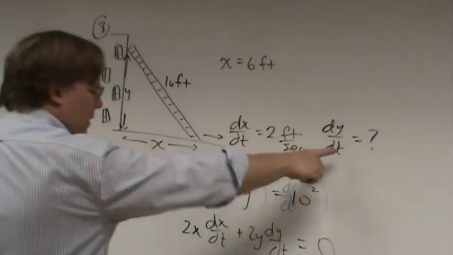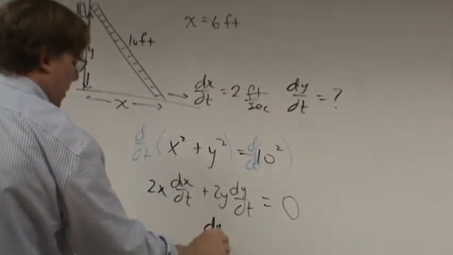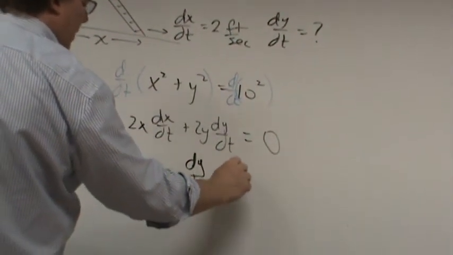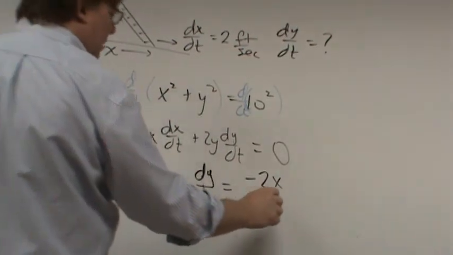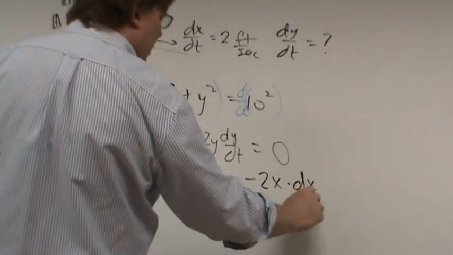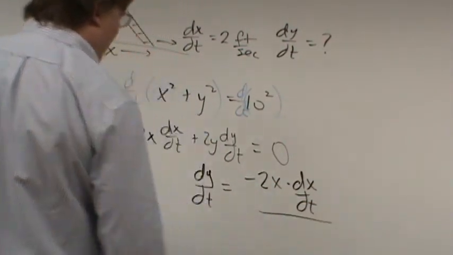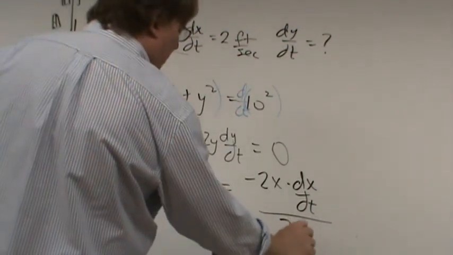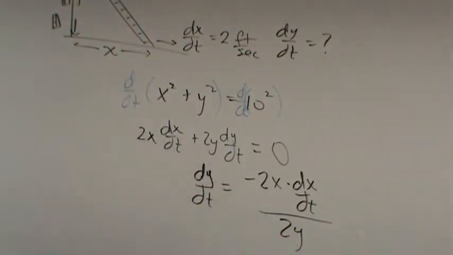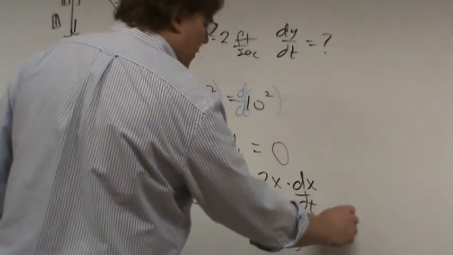I've got to solve for dy/dt. So I got dy/dt equals negative 2x dx/dt over 2y. So let's plug in.